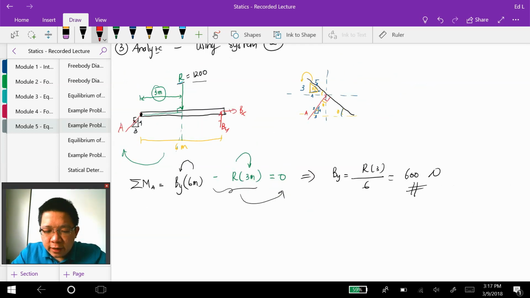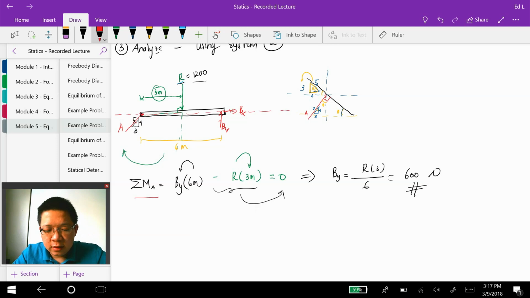Before I write the next equations, I think some of you may ask questions. Why do Bx and A not contribute to the sum of moment at A? The reason Bx does not contribute is that if you extend the line of action of Bx, it passes through point A. So there's no moment arm.